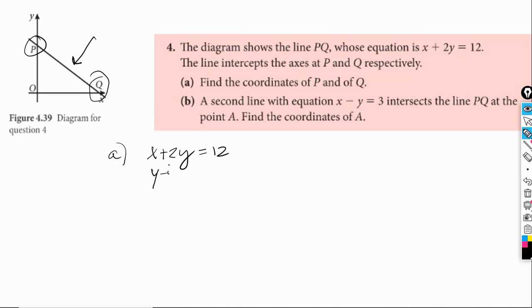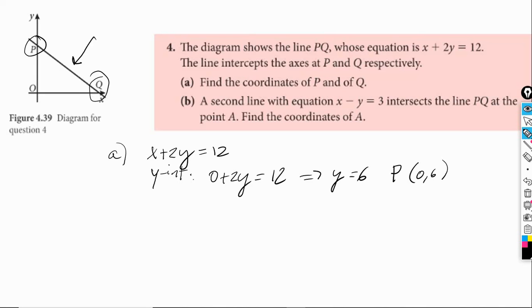For the y-intercept, we have that x equals 0. So 0 plus 2y equals 12. Therefore, y equals 6. So point P is going to be (0, 6).